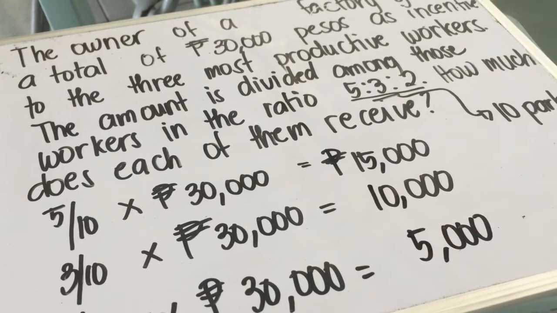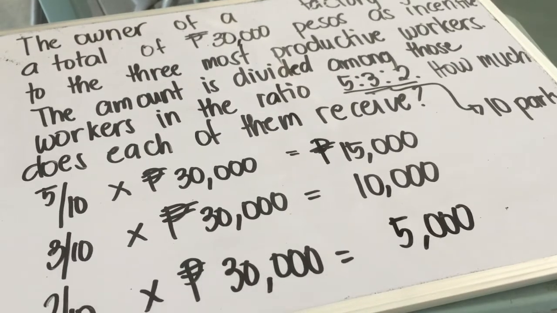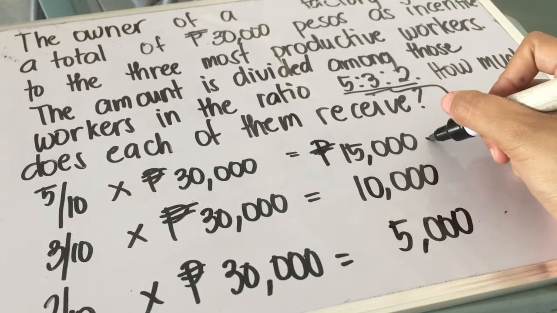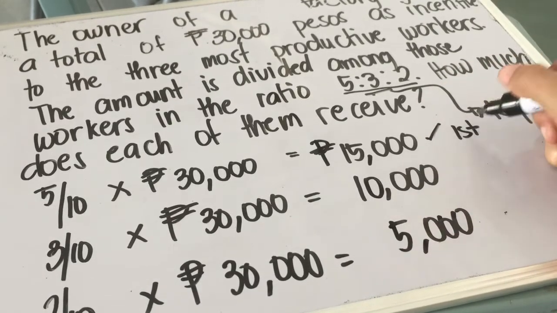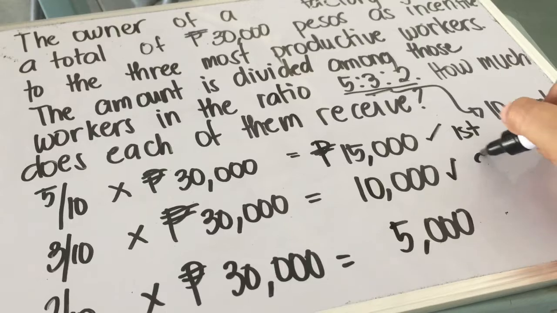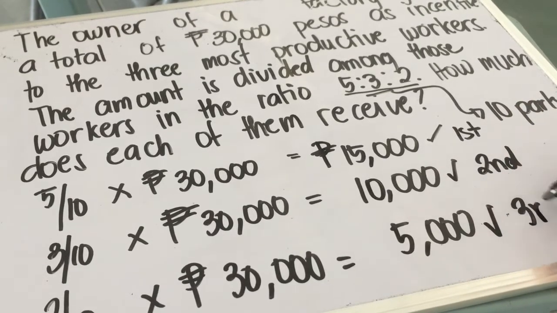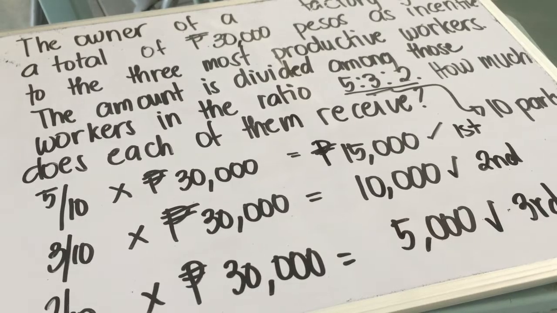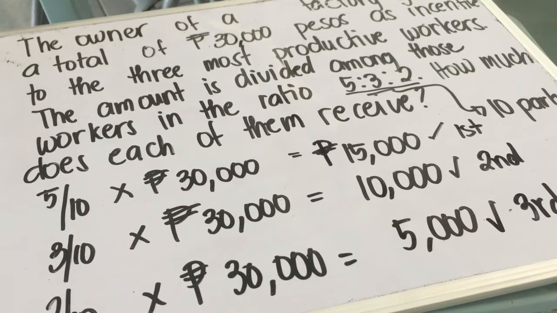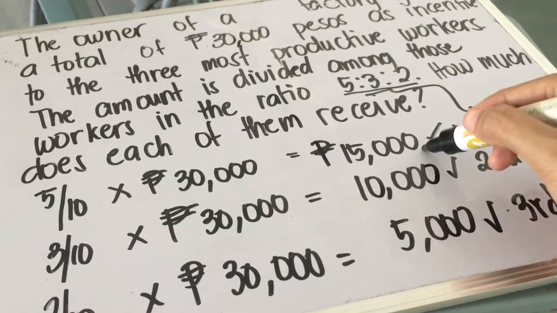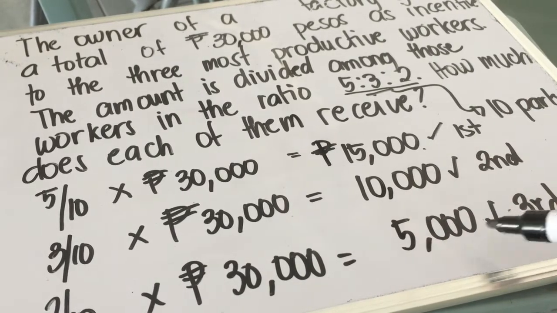So, in conclusion, the first worker has 15,000. The second worker has 10,000 and the third worker has 5,000. So the three most productive workers will receive the amount of 15,000, 10,000, and 5,000.